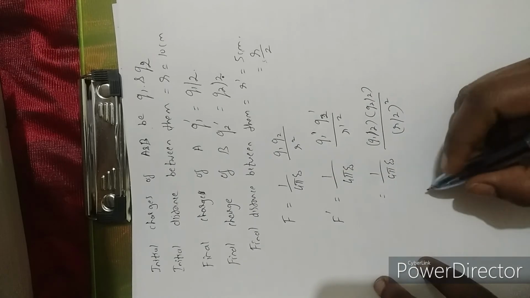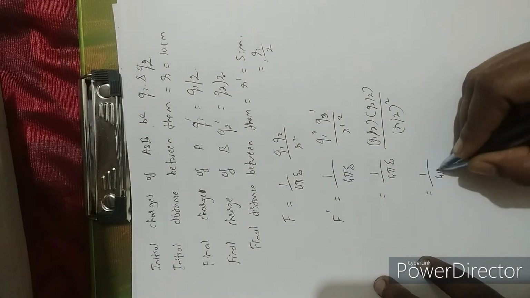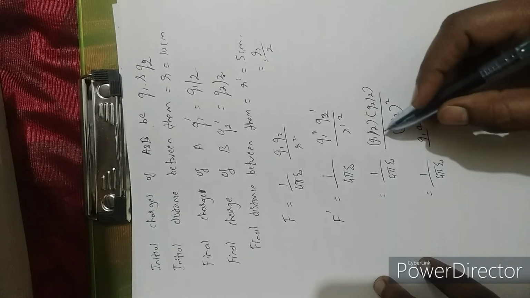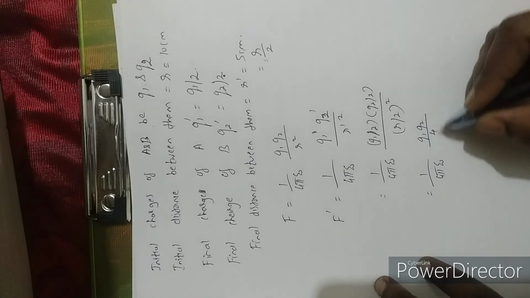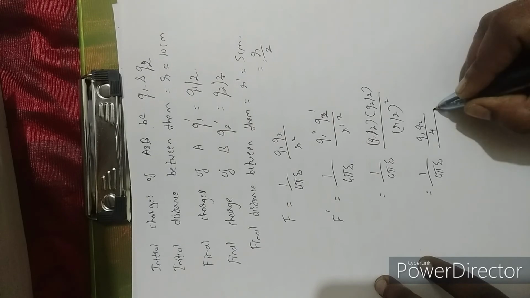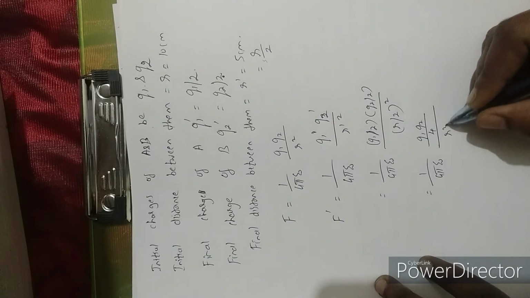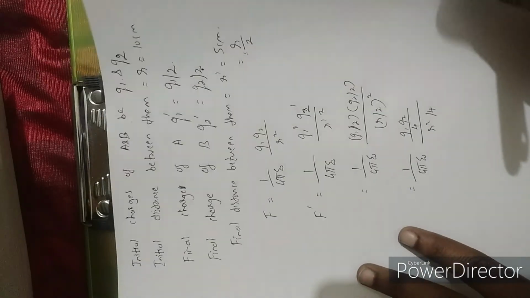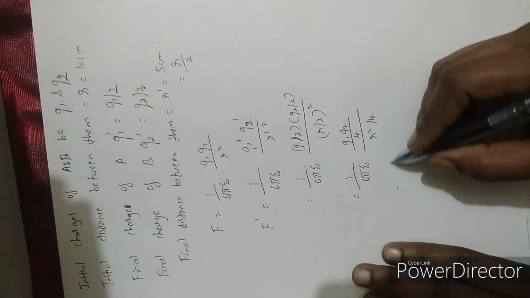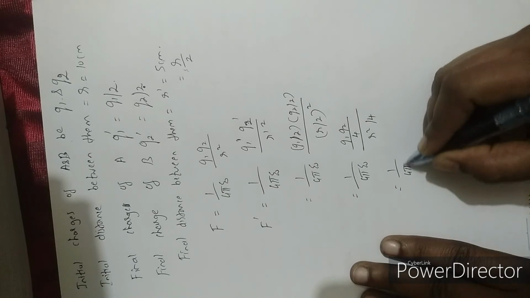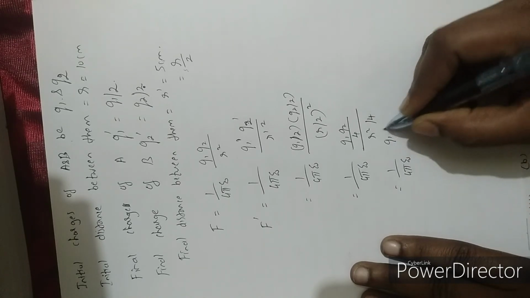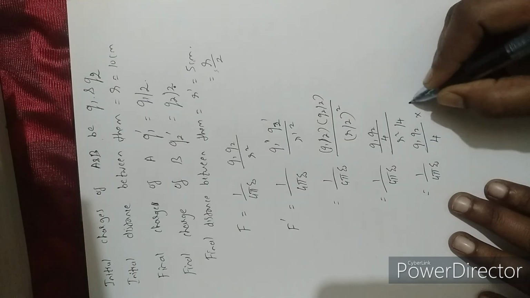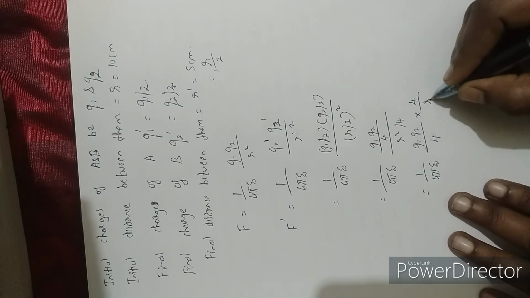Now how can I write it? 1 by 4 pi epsilon naught Q1 Q2 divided by 2 into 2 will be 4, the whole divided by R square divided by 4. Now I can rewrite this expression as 1 by 4 pi epsilon naught Q1 Q2 divided by 4 into 4 divided by R square.